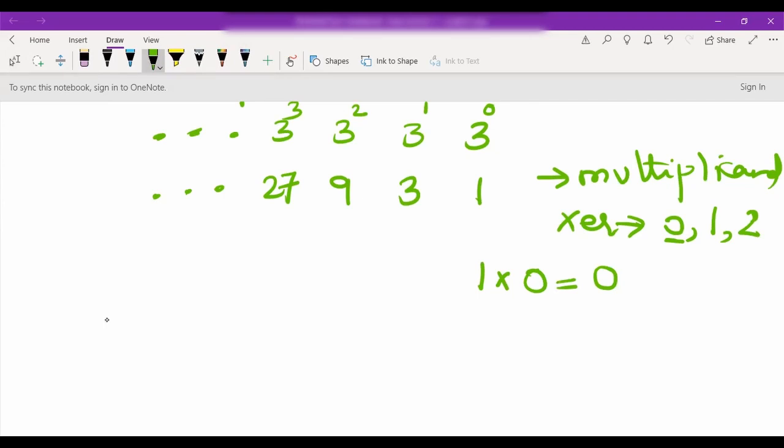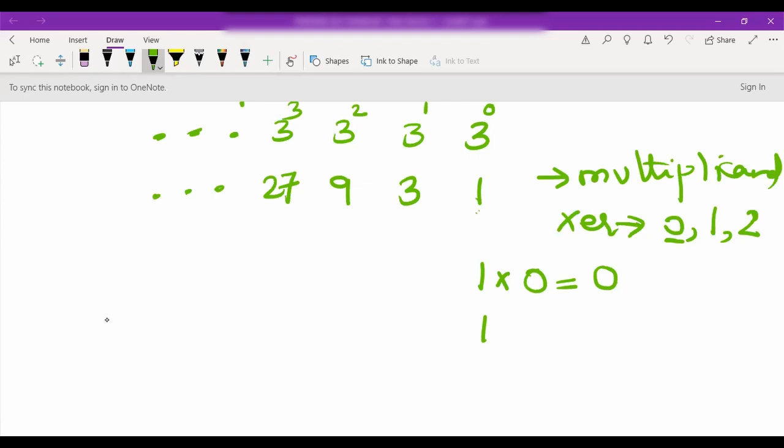Now I want number 1. So what will be the multiplier? The multiplicands are 1, 3, 9, 27. Which is the nearest number? The nearest number is 1. So I will take this multiplicand 1. What will be the multiplier? If I multiply with 0, I will get number 0. I don't want number 0, I want product as 1.